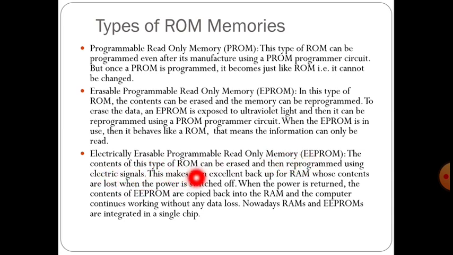The content of this type of ROM can be erased and then reprogrammed using electric signals. This makes it an excellent backup for RAM, whose contents are lost when the power is switched off. So when the power is returned, the content of EEPROM are copied back to the RAM and the computer can resume the working without any data loss.